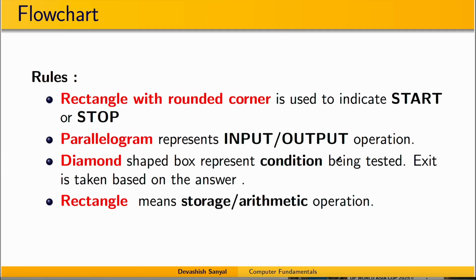To represent a flowchart, we have to know a few rules. These are the symbols we use when we draw the flowchart. One is a rectangle with rounded corners.